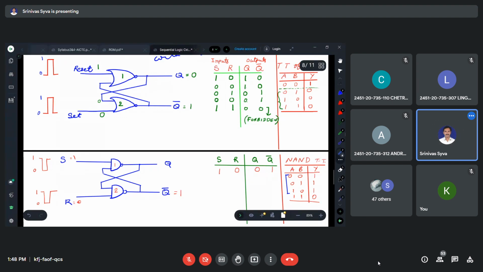If one of the inputs is 0, output will be 1. Now here it is 1, so both inputs are 1. So automatically this will be 0. So the first part is decided.